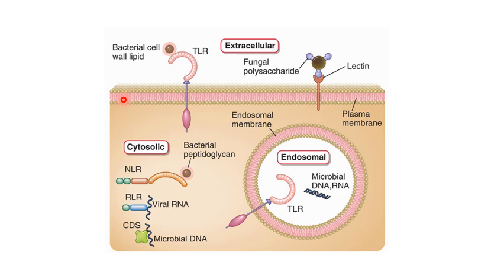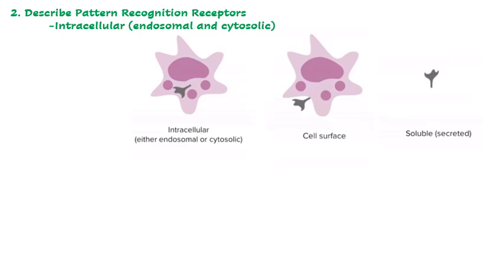Okay, so you just follow this membrane here, like if it invaginated like this, and then it became an endosome. So you're just bringing that thing with the detector part that is inside of the endosome. And of course, if it is floating in the cytoplasm, it's not connected to the membrane. Okay. So here, you can have your intracellular receptors, you can have some on the surface, and you can have some that are floating around.